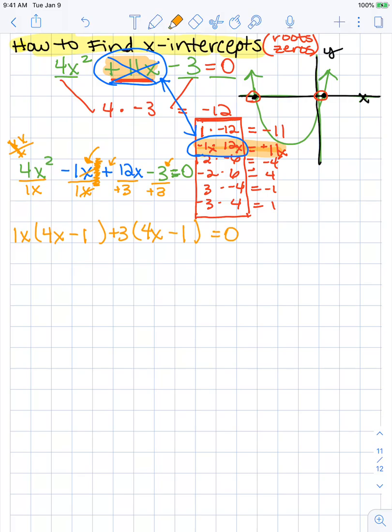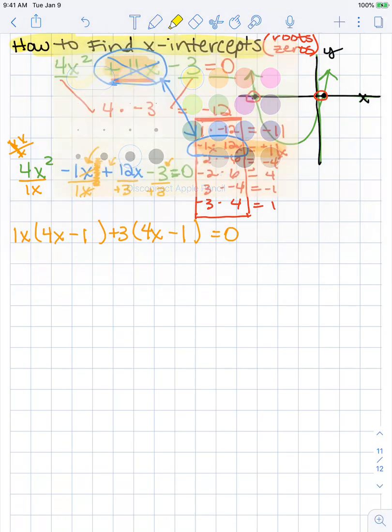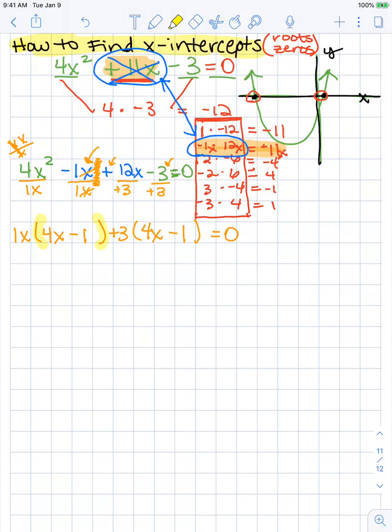And what I see now is that I have the same parenthesis group. This parenthesis group and this parenthesis group are the same. And I can pull them out as a common factor, and I only write it down once. So I'm going to write down that I have a 4x minus 1.